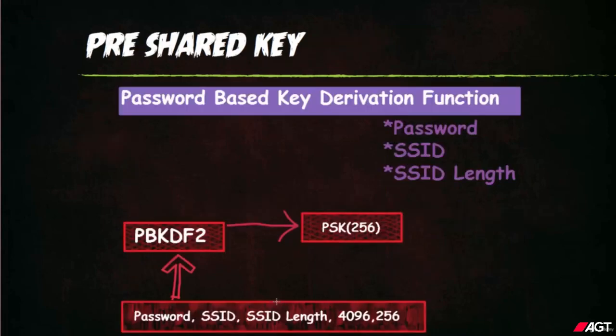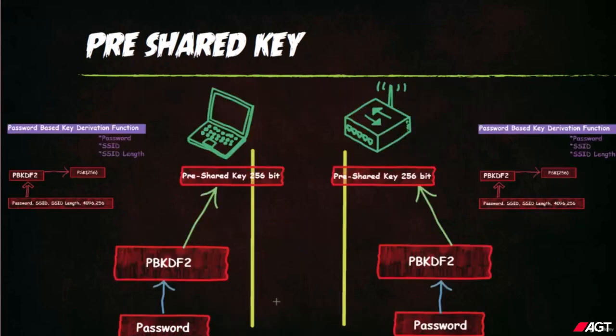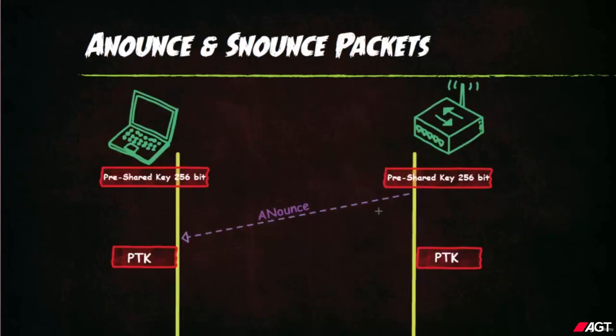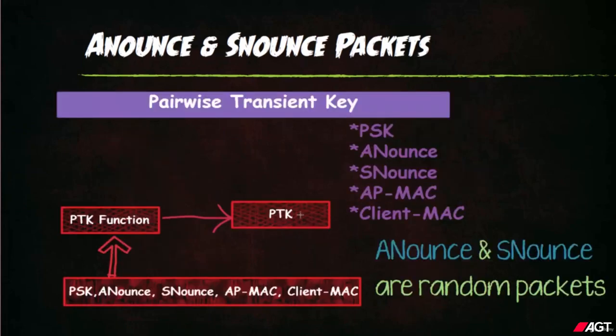The pre-shared key is generated on both ends without sharing anything. After generating the pre-shared key, the ANonce packet is sent from the access point to the client. Based on that pre-shared key, the ANonce packet and the SNonce packet, the PTK is generated, right?